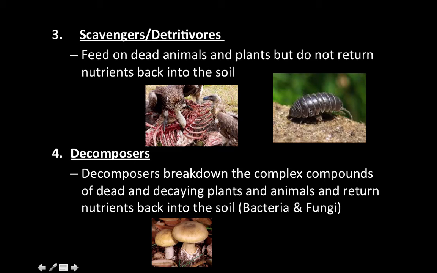So like our pill bugs we looked at in class, and these vultures are still going to leave material behind to decompose. That's key. Decomposer is different because it breaks down the complex compounds of dead, decaying plants and animals, but it returns nutrients back to soil. So things like bacteria and fungi are really finely breaking material down and returning it into the soil.